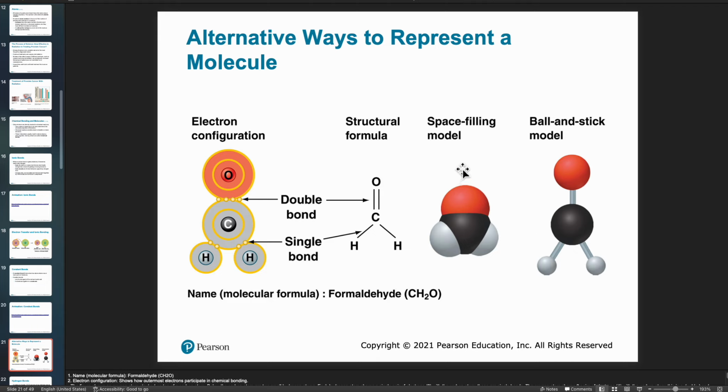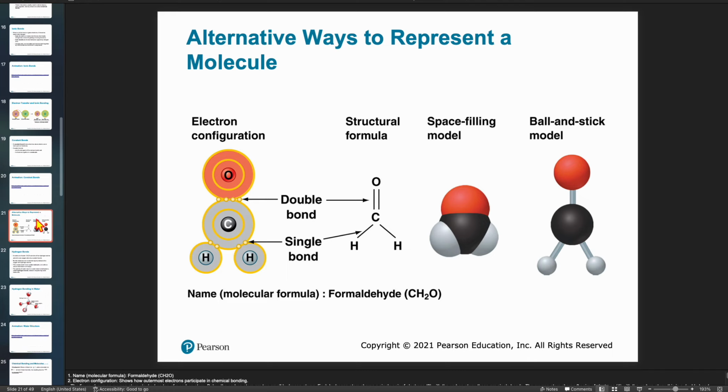If you remember from chapter 1, I mentioned that one of the themes we have in biology is that by changing the shape, it changes the function. In this case, formaldehyde actually has a certain shape. By changing that shape, it would turn into something else, and it would have different characteristics. So structure, shape, and function.